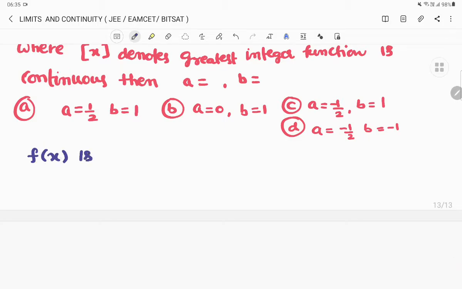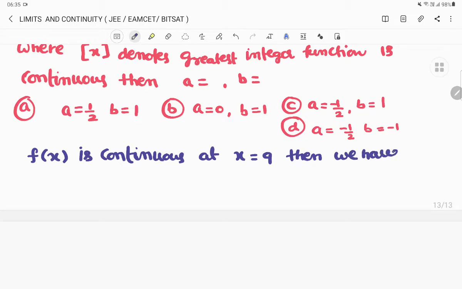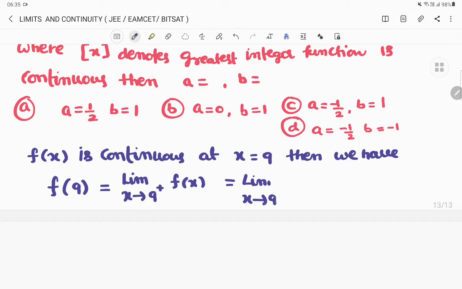Then we have f of 9 is equal to limit x tends to 9 plus f of x, which is equal to limit x tends to 9 minus f of x.